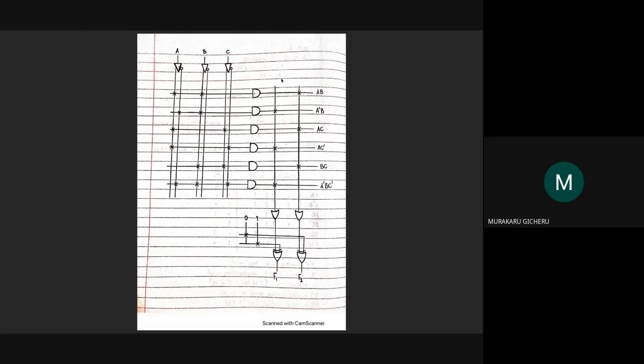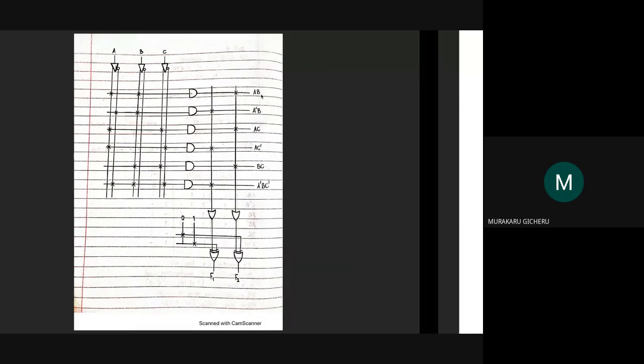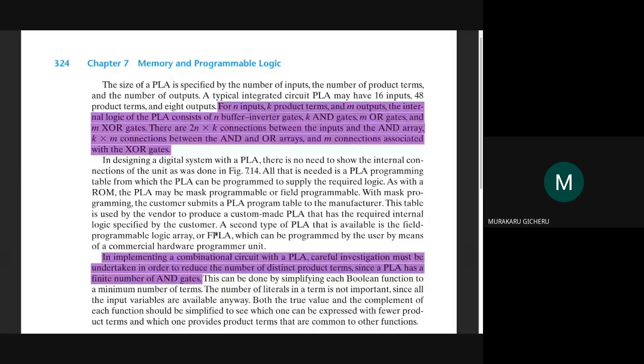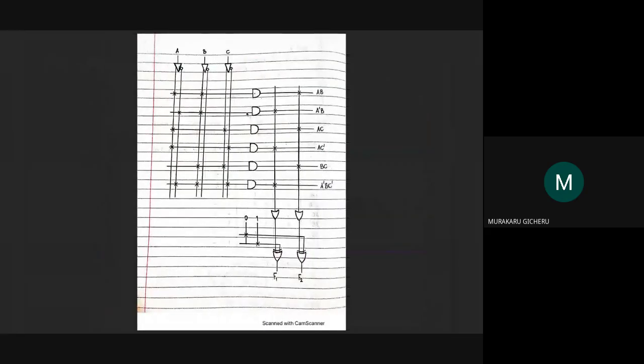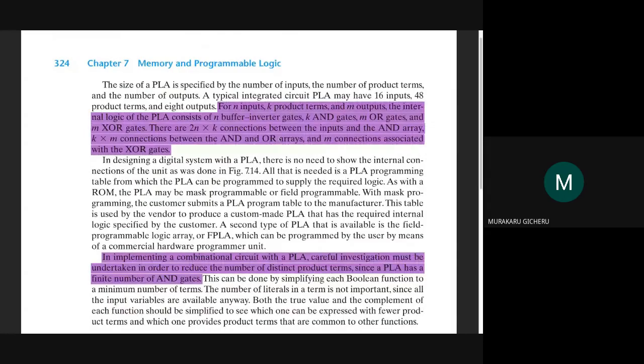And since we have 6 product terms, we will have 6 AND gates. That's K AND gates, M OR gates, and M XOR gates. Since we have 2 outputs, we will have 2 OR gates, and we will also have 2 XOR gates. We'll have 2 MPK connections and mini KBM connections.